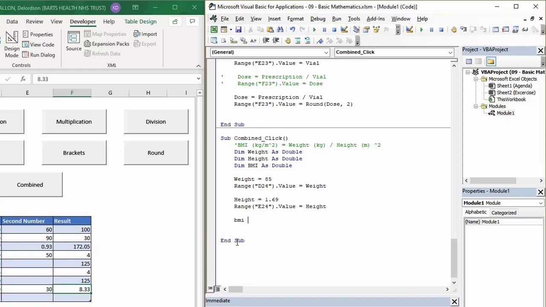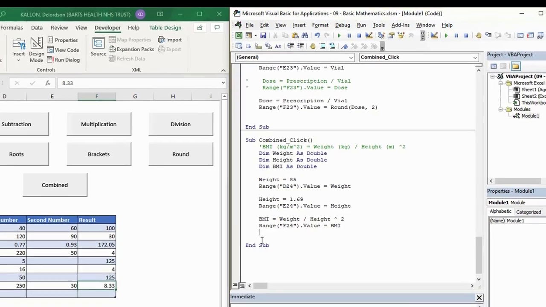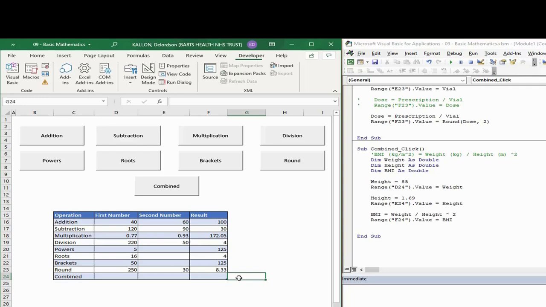So we calculate BMI as being equal to weight divided by height raised to the power 2. And we can output that to Excel. Let's run the code and see what we get. So, with a weight of 85, a height of 1.69, we get a BMI of 29.76.